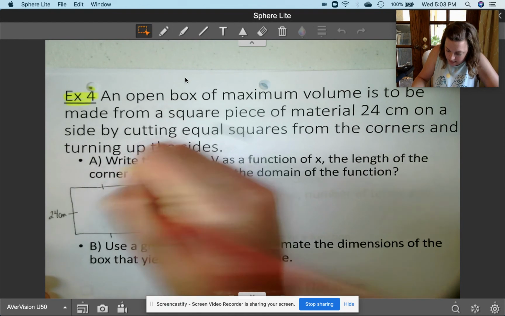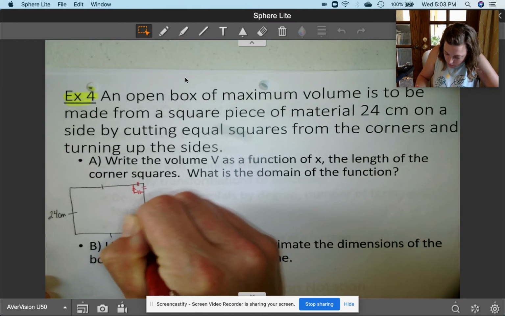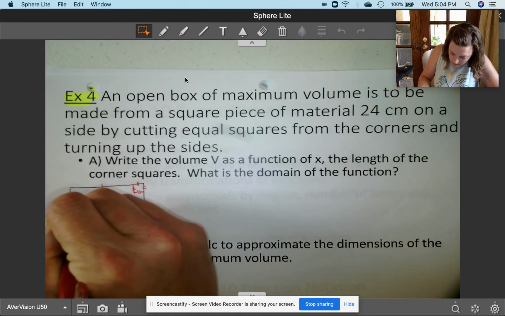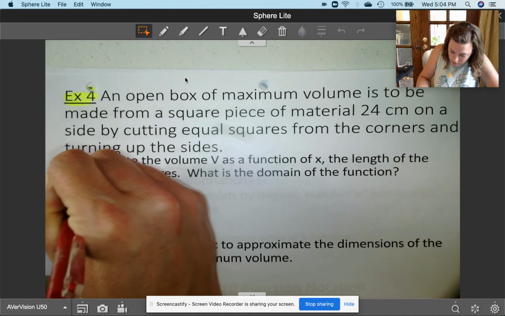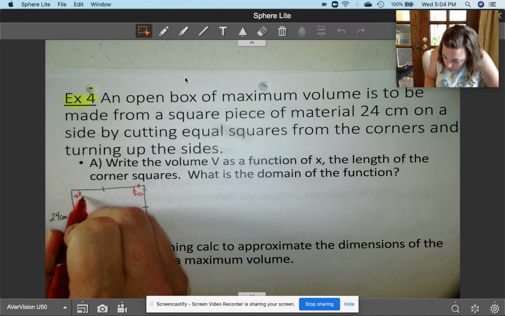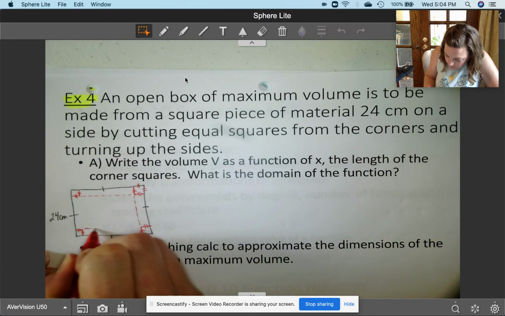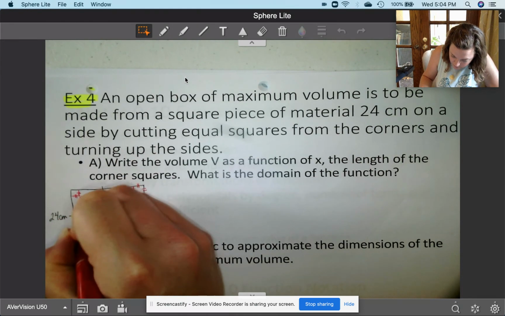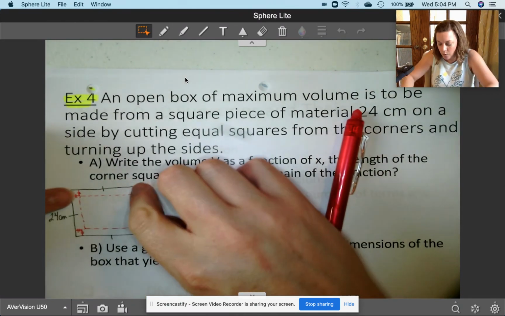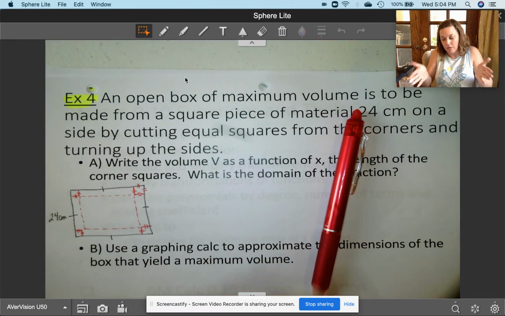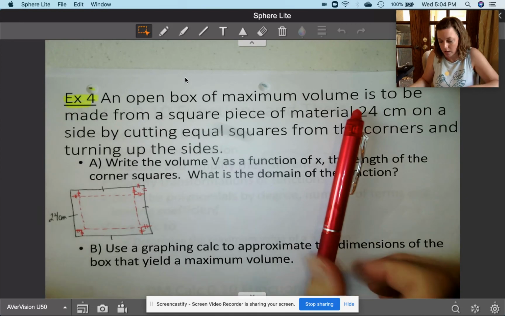They're going to cut out this edge from every single corner here, these little squares, and then fold up these edges. And so we'll remove these little corners and then be able to fold up the sides and create a nice little box, an open top box.